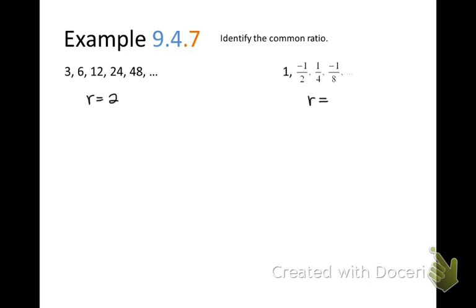What are you multiplying by? Negative 1/2. Good. The negative because it alternates every other time. Sign, right? Any questions on that? Okay.